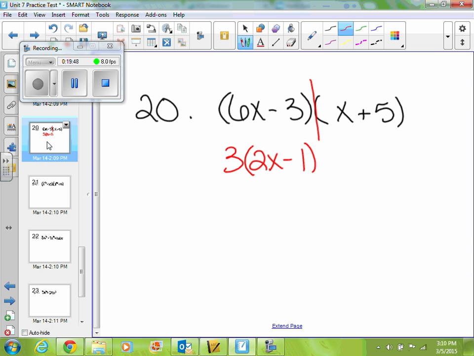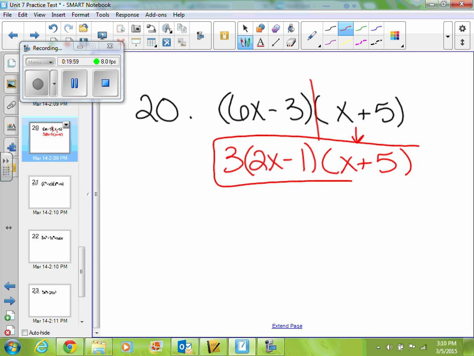No. Okay, so that means this just comes straight down because we're not going to change it at all. So x plus 5. And then we're done. So A is no because it wasn't completely factored. And B is the answer.